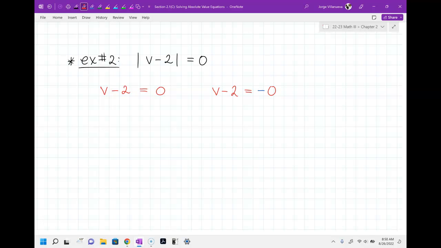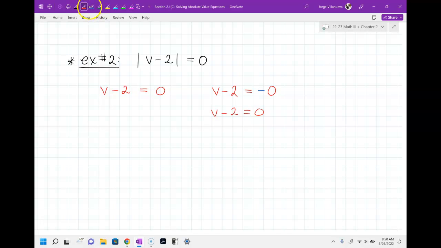Now, is there such thing as a negative 0? No. So in reality, if I simplify that right side, isn't this equation the same as the other equation? Yeah, so I don't really have to solve both. I just need to solve one. Okay? So I'll just solve the one on the left.